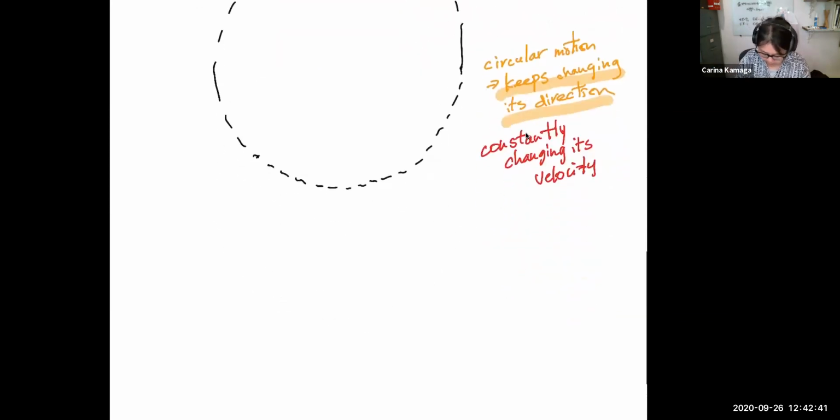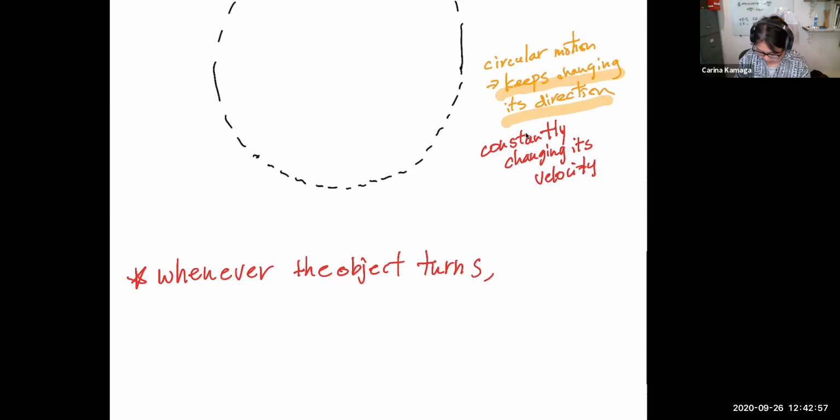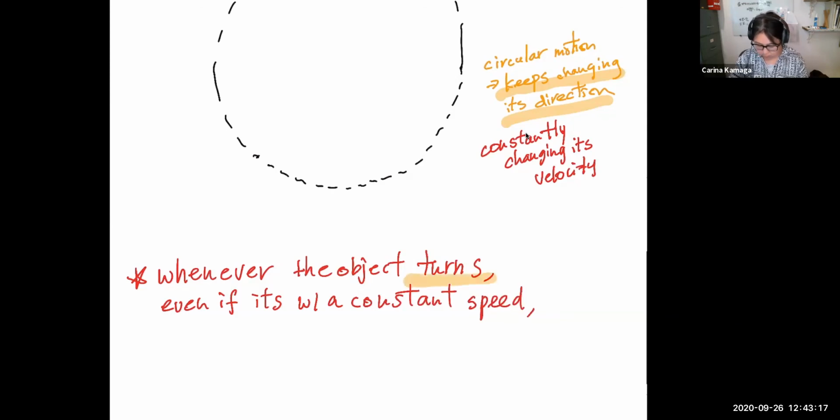Whenever the object turns, even if it's with constant speed, whenever you hear the term turns, that means its velocity.